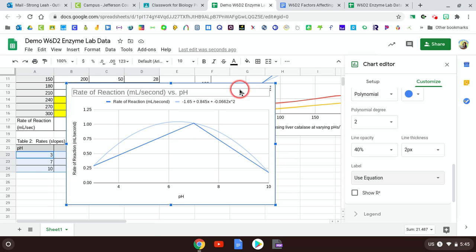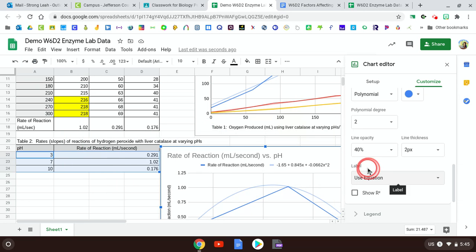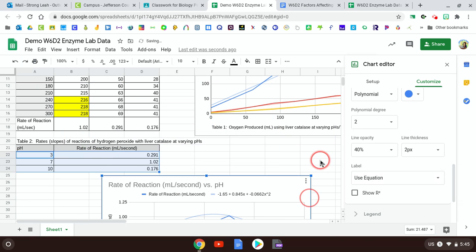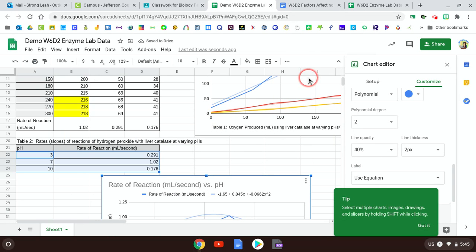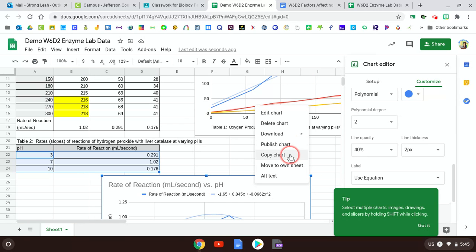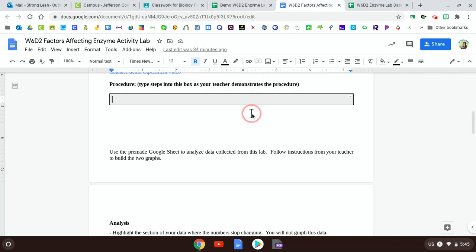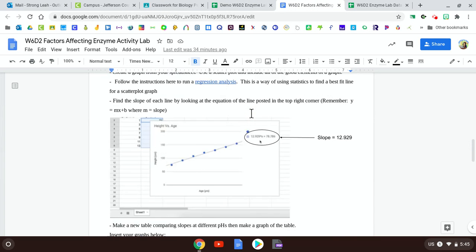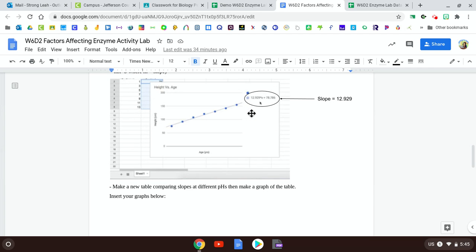You're going to want to fix your titles and your axes here, which this one actually turned out not bad at all. And then you're going to want to, I believe, copy chart, and then paste it into your worksheet. So pause and do that.